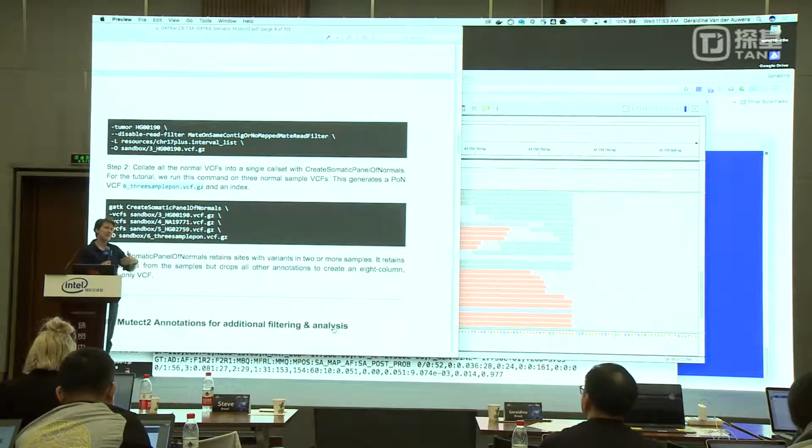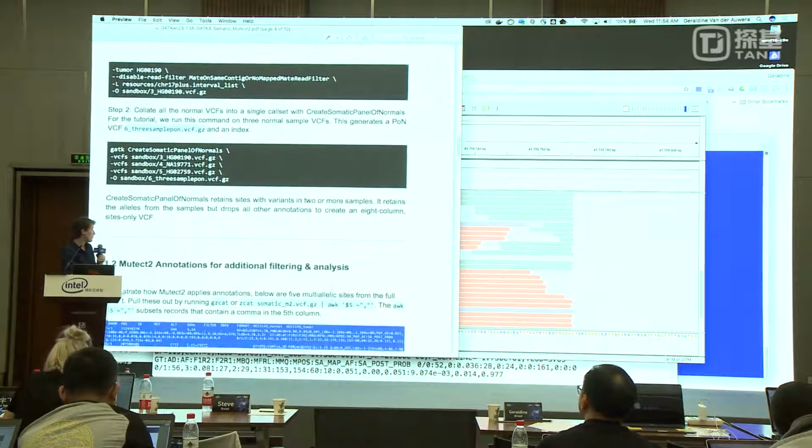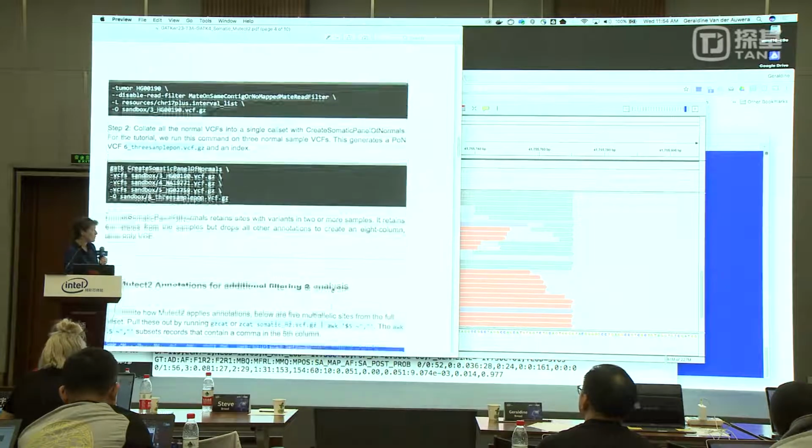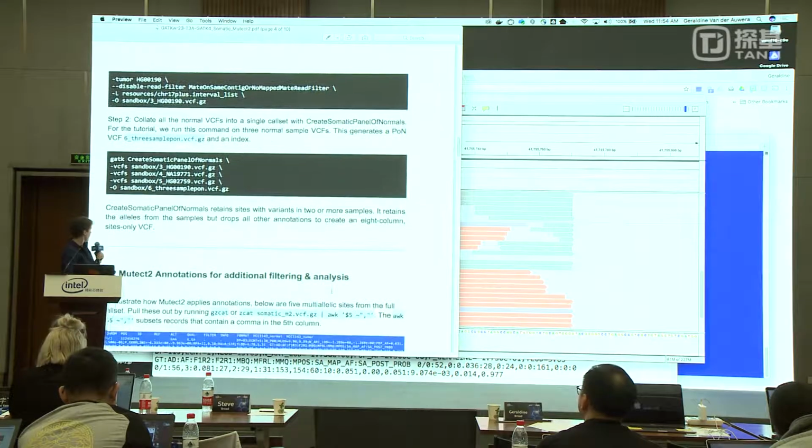It has to be in at least several samples. And at that point, well, it's 3 since we're doing this sample example. And it'll output a sites-only VCF. And it's just a regular VCF with sites with no genotypes. Okay. So that's how you would do it. And you're more than welcome, honestly, to try that on your own data when you go home.